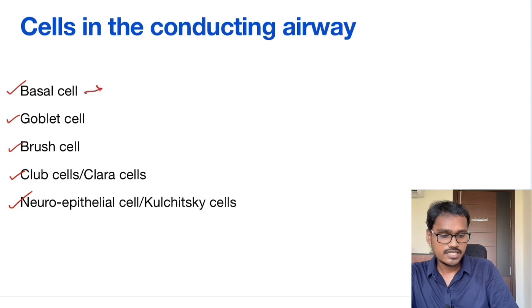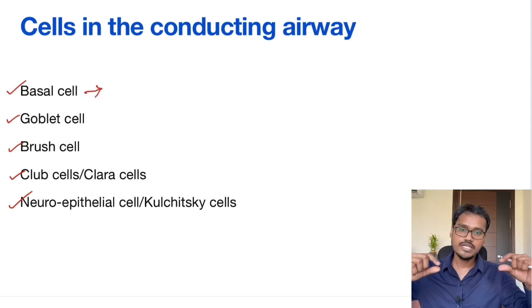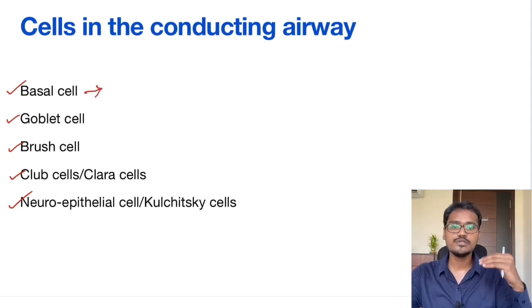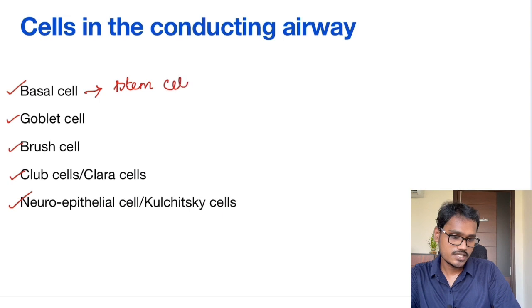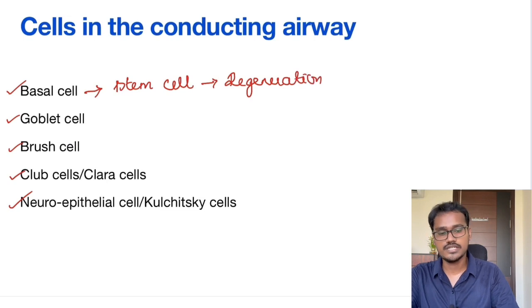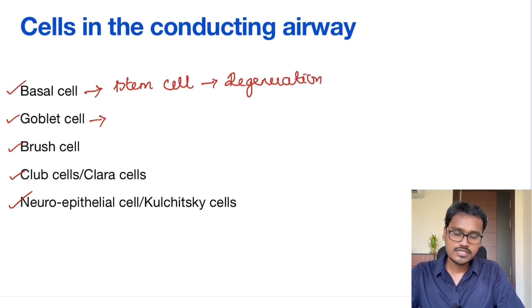The basal cell is present near the basement membrane, and it helps to regenerate the other cells. So it acts as a stem cell, helps in regeneration of the other cells. Goblet cells, as all of us know, goblet cells all over the body, they are involved in mucus secretion.